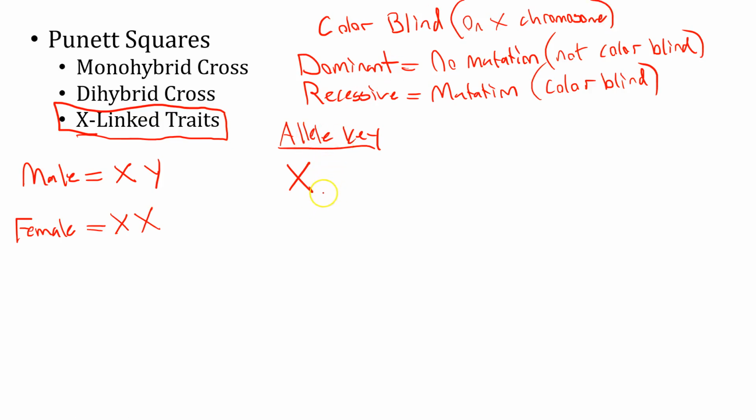So if it was X without a mutation, sometimes the way that this is written is with a little plus sign, which stands for wild type, meaning if you were just to get it from the wild and it had no mutations. And then let's designate X superscript C for colorblind, meaning that the mutation is present.